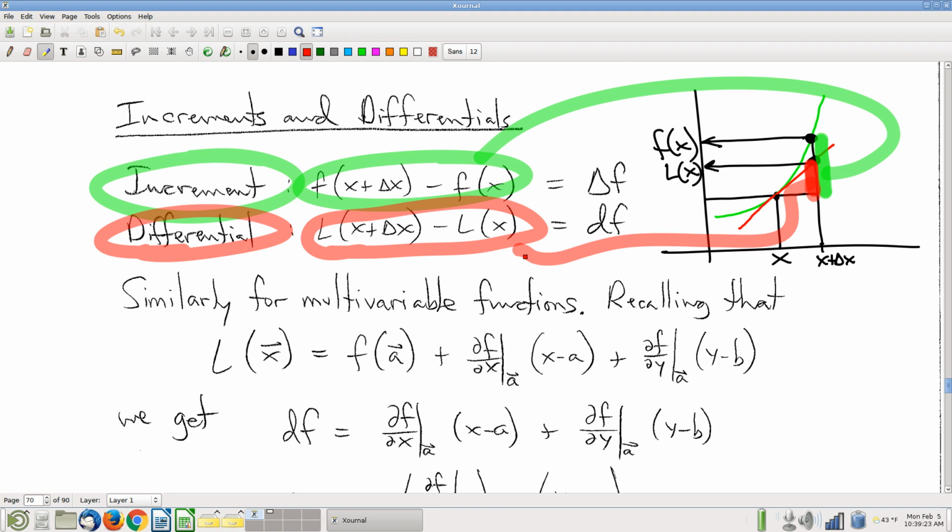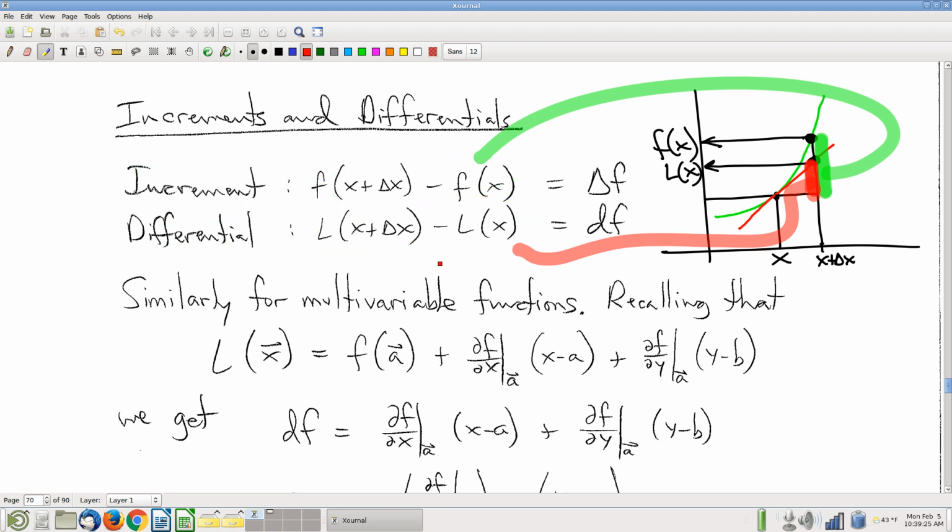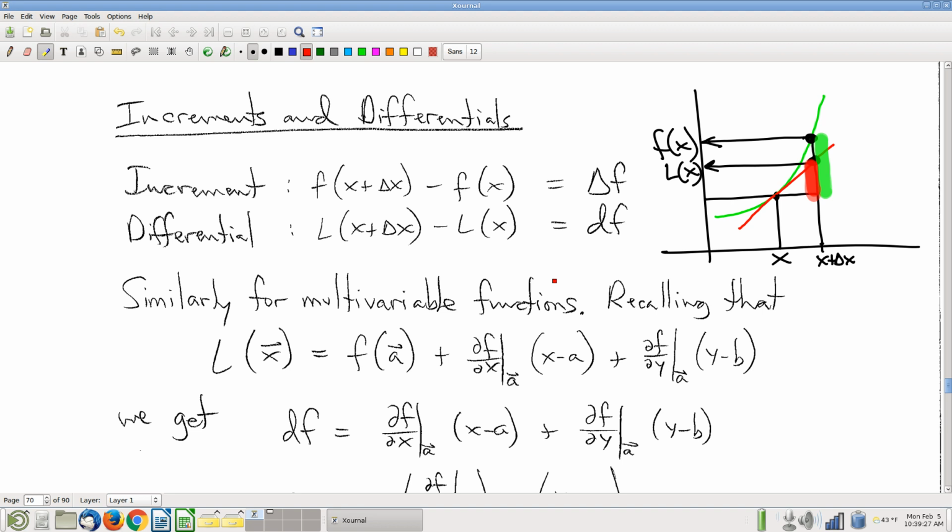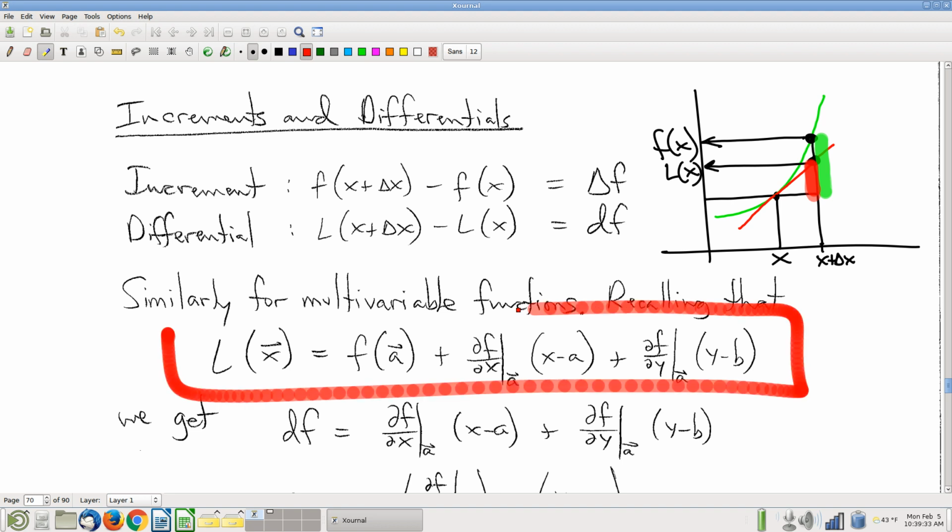Okay, so same deal for multivariable functions. We can talk about a differential. Different formula for linear approximations. Let's see here. Here's our formula for linear approximations. Old news. We did this last time. All right, so there are two different terms here. You have to have both of these terms so that the partial derivatives will work out the way they're supposed to.